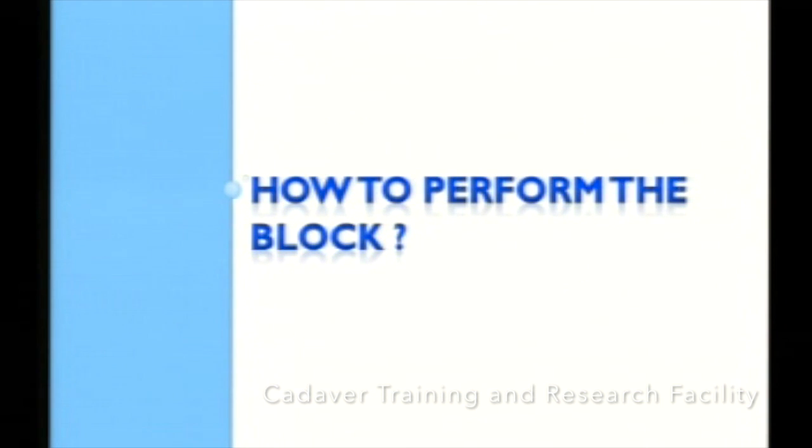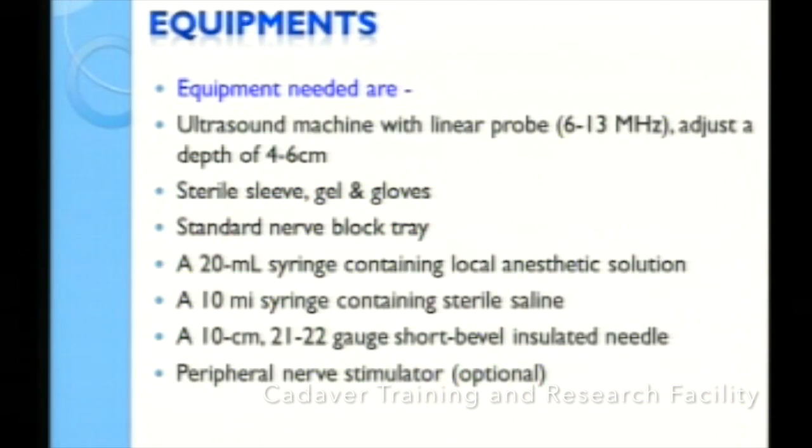How to perform this block? You should be ready with the equipment. The equipment is an ultrasound machine with a linear probe of 6 to 13 MHz, with depth adjusted to 4 to 6 centimeters, sterile gloves, gel, a standard nerve block tray, a 20 ml syringe containing local anesthetic solution, a 10 ml syringe containing sterile saline, a 10 centimeter, 21 to 22 gauge short bevel insulated needle, and a peripheral nerve stimulator.